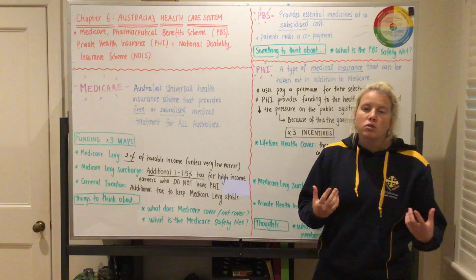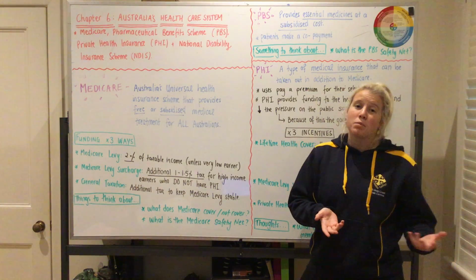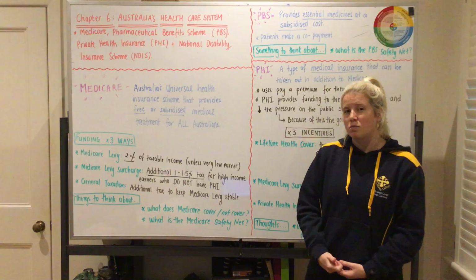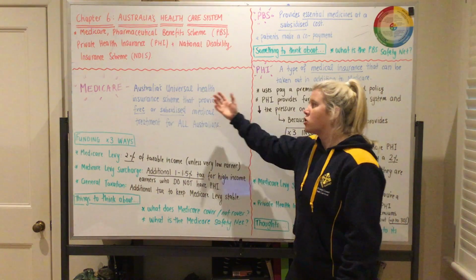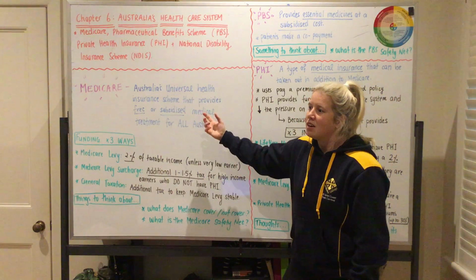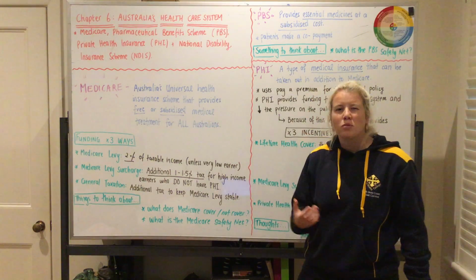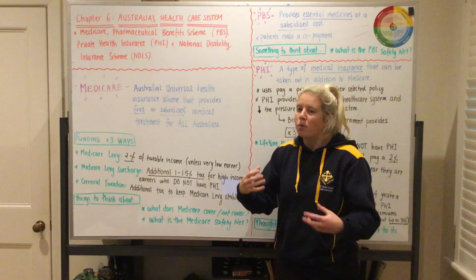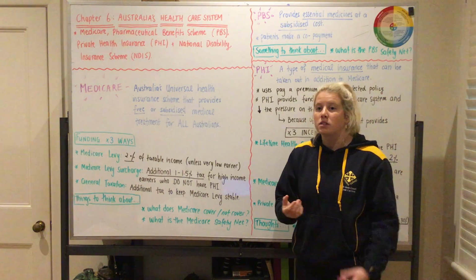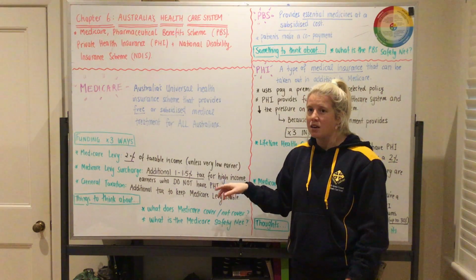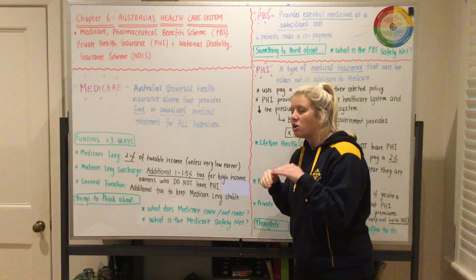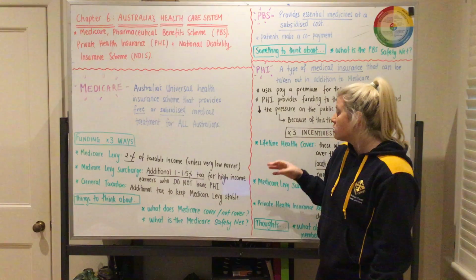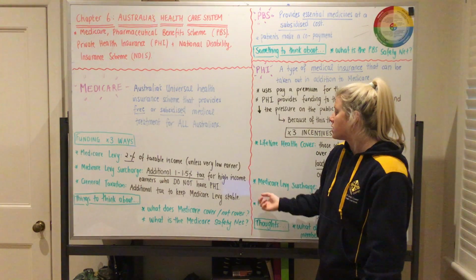So it's sort of saying if you can afford to pay your way, if you can afford to take out your own insurance policy, why should you be taking essential services away from those most in need? So we're just sort of thinking about not bogging down Medicare or the public system. So if you can pay, they're kind of like, off you go, get your private health insurance so you can alleviate some of the pressure off the government system.